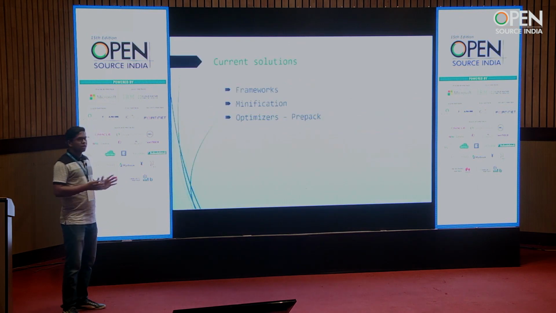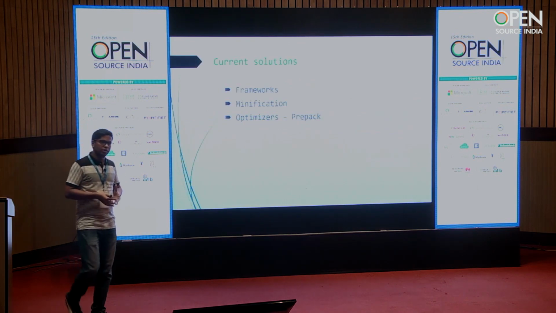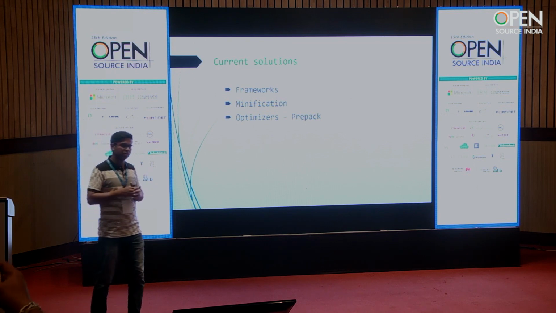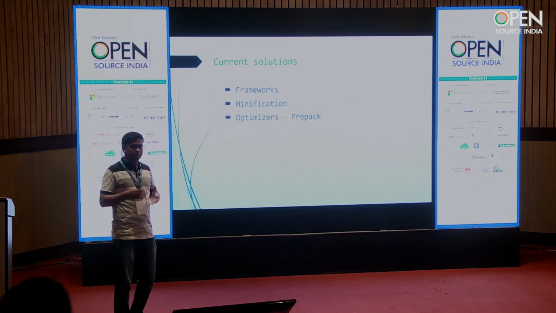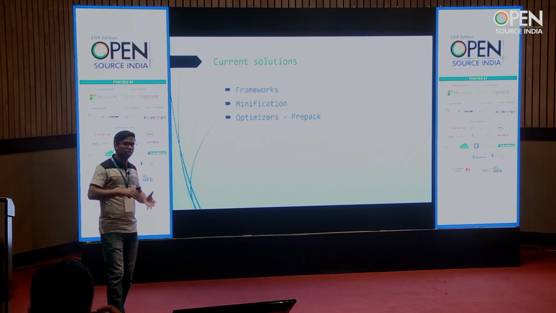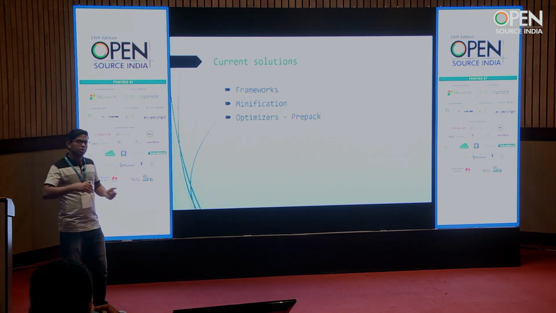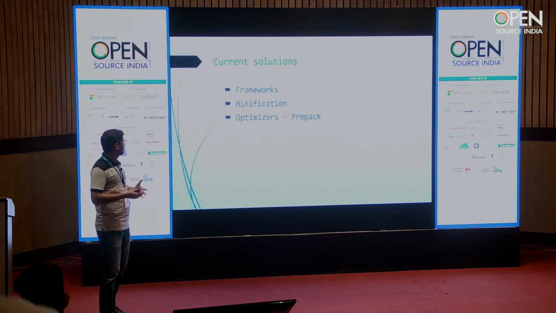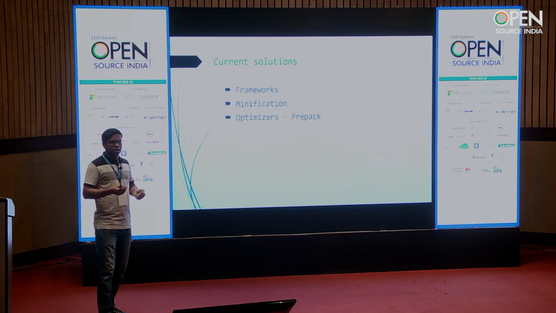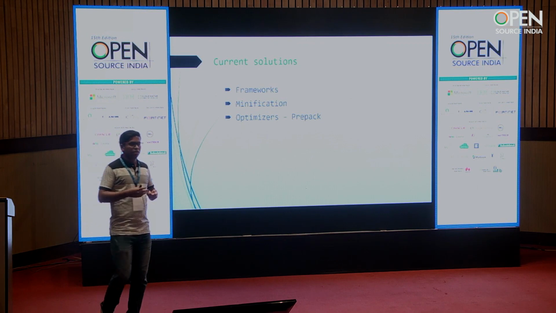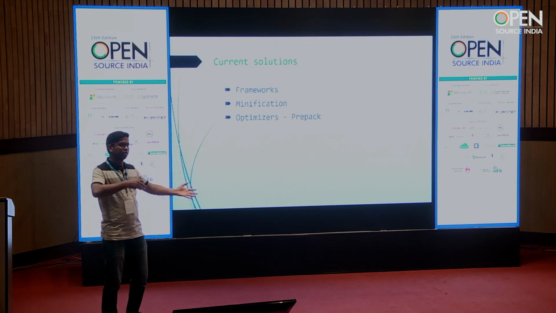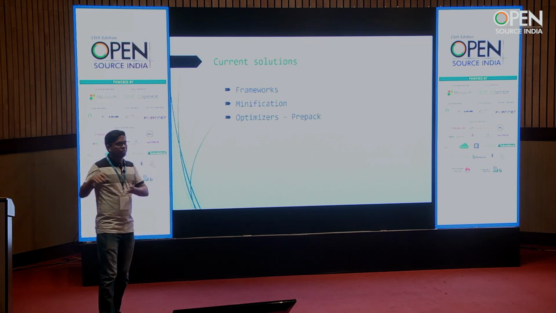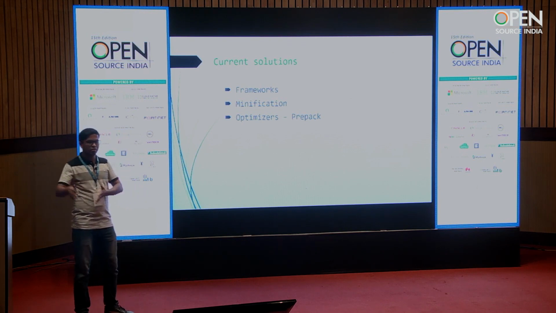So what are the current solutions we are coming up with? I'm talking only about JavaScript. We have frameworks which do the optimization for us and write a better JavaScript transformation instead of whatever we are writing. Minification: in a web application there are always two problems, shipping your code to the browser and executing it. These are the two main areas which have some delay.